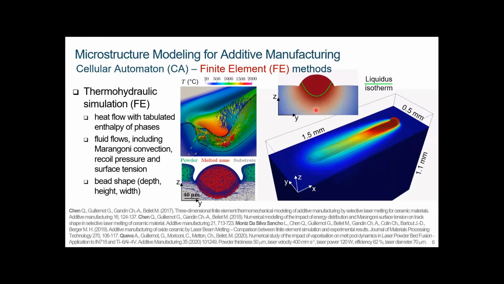The liquid is moving upward in this section, and you can see the formation of the bead at the end. So you have the final shape of the constructed bead as well as the remelted region in the substrate here.